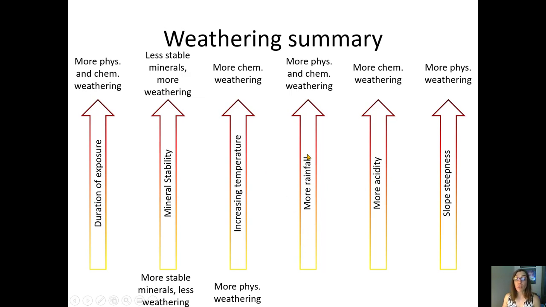More rainfall means more water, so more opportunity for chemicals to be brought into contact with the mineral surface, things like acids or oxygen, to undergo these hydrolysis, dissolution, and oxidation reactions. More acidity, again, is going to result in more chemical weathering, and however steep your slopes are, that's going to lead to more physical weathering as gravity is pulling the sediments down into the valleys.